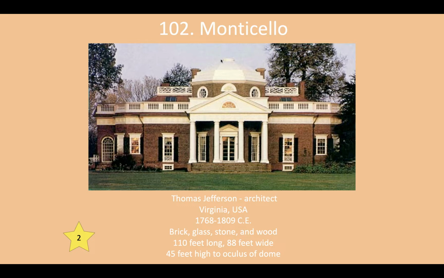When we're looking at the oculus and the dome, that's clearly Roman. Those windows, the round ones and the ones with the half moons over top of them, those are called Palladian windows. And they're named after an Italian architect, Andrea Palladio. So we see Italian influence there.